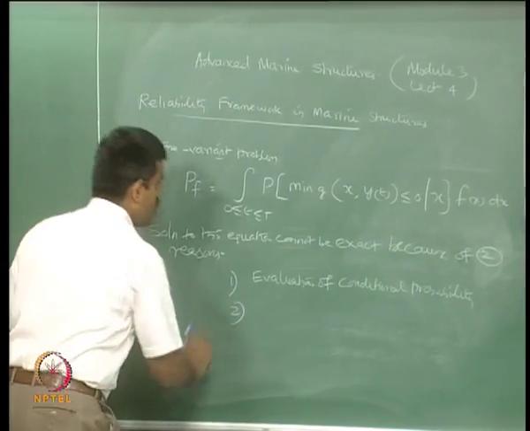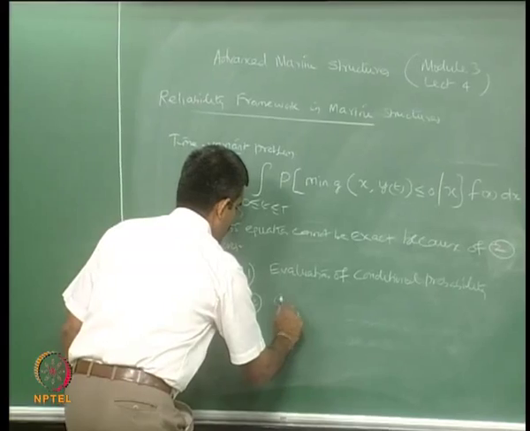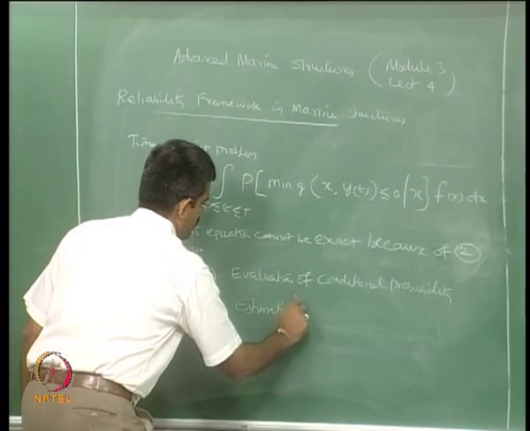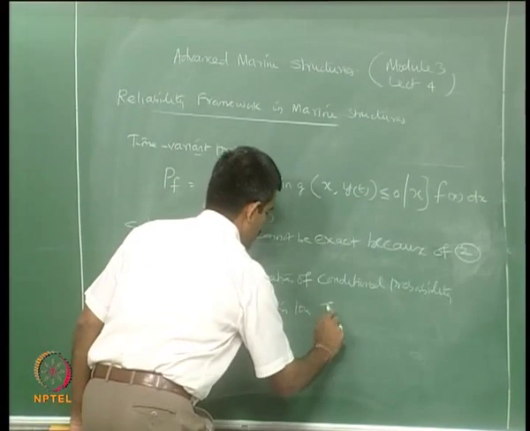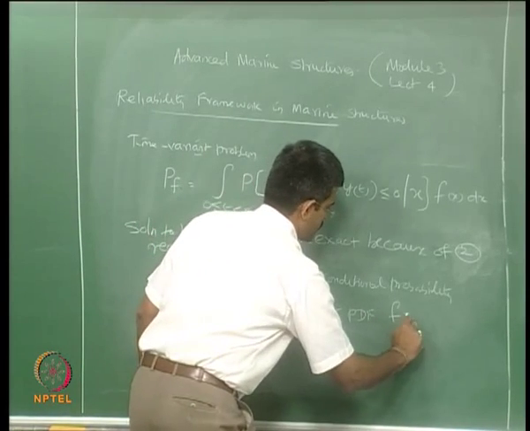The second difficulty is estimating the joint probability density function f of x.